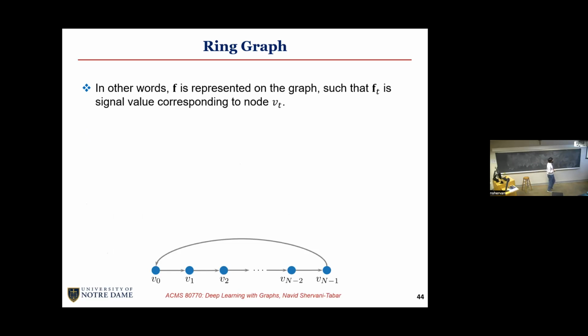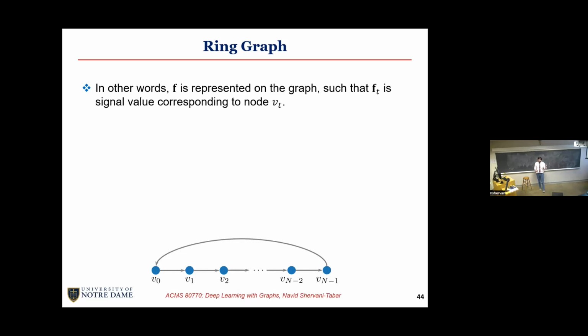Now let's say that instead of looking at it as a set of different data points, we look at this f as a vector, for instance, a one-dimensional vector that is defined on our graph. That's the way we're representing this signal on the graph. You can think about it, for instance, like an image, which is defined on a 2D grid.